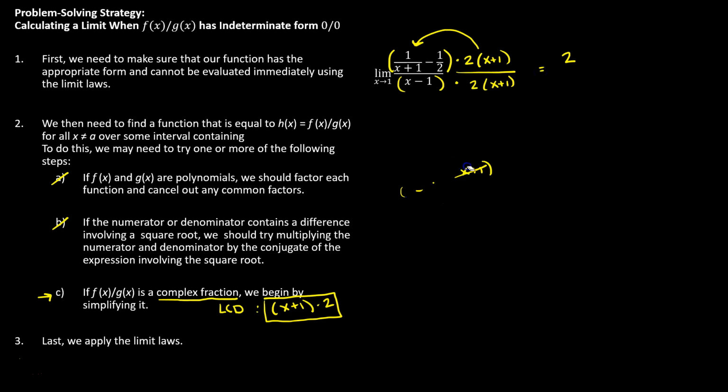When I multiply the LCD to that second factor in the numerator, I have negative 1/2 times 2 times x plus 1. This time it's the 2's that reduce off, leaving behind a minus times x plus 1. So hitting that numerator with our LCD quickly simplified it.